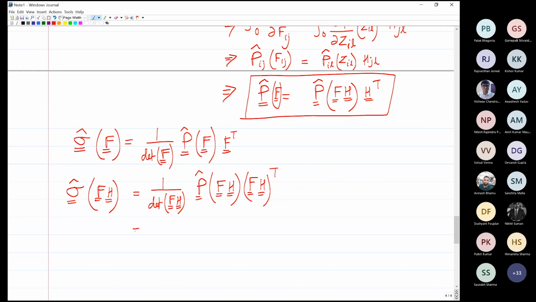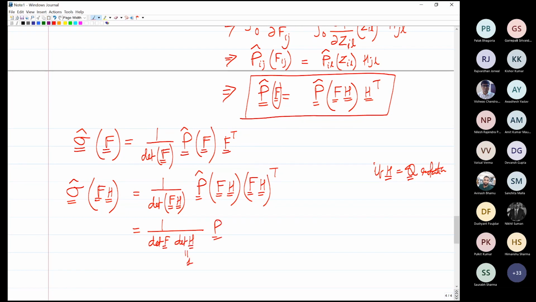Okay, and finally, since H is such that det H is equal to, I mean, if you choose H equal to Q, let us say a rotation, then isn't det FH equal to det F into det H, but det H is then 1. So we can write here det F into det H, which is actually 1.